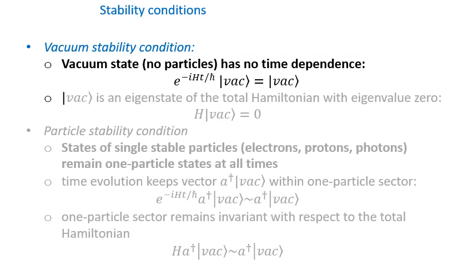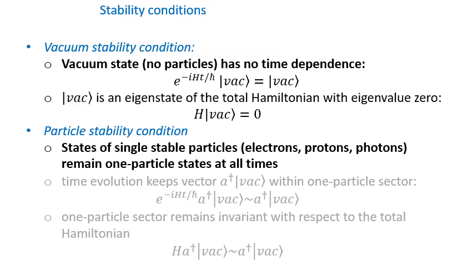Indeed, there are no particles, nothing in the vacuum. So nothing can happen there, and we can expect the absence of any measurable time dependence. As a consequence, the vacuum state must be an eigenstate of the total Hamiltonian with energy zero.